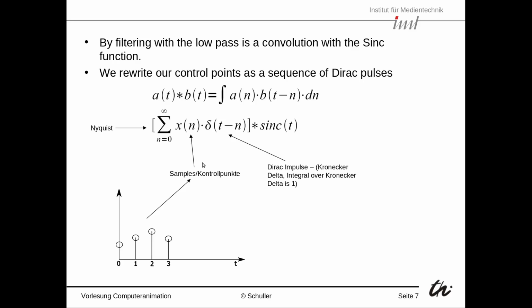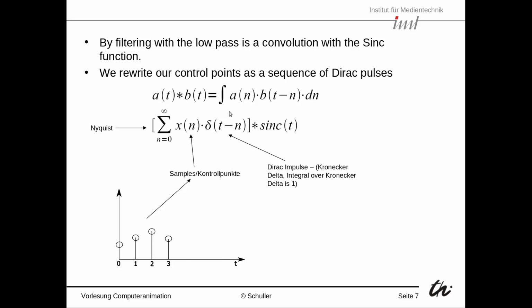Right, so basically at the position of each control point we have a peak, and this peak is our Dirac pulse, and in between we have zeros. Right? And in this way we have a correspondence from the discrete sample space to the continuous space for the interpolation.